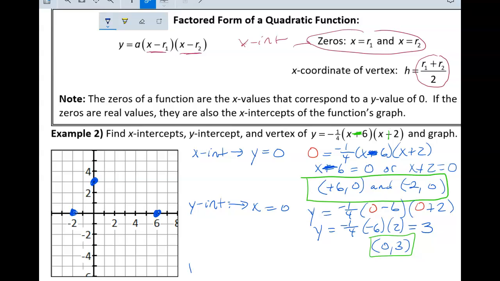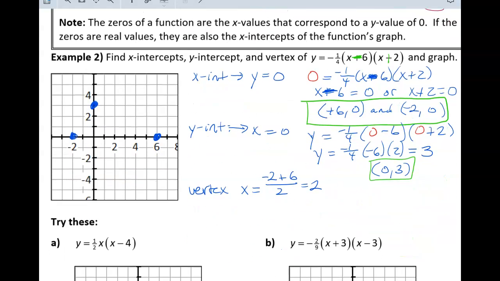Let's also find the vertex. The vertex can be found by averaging together the x values of the x-intercepts. So the x values are negative 2 and positive 6. Add them together, divide by 2. That's going to give us an x value of 2. And then we can find the y value by simply plugging into the equation.